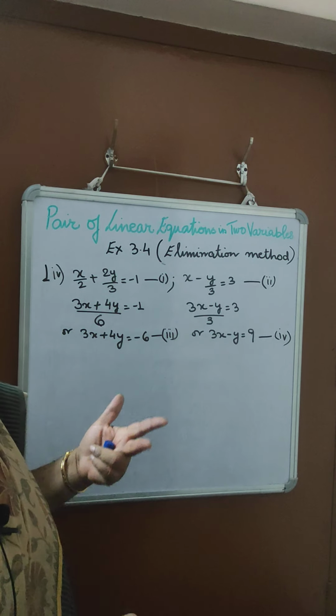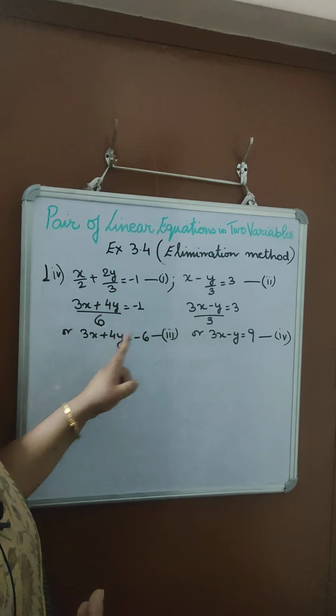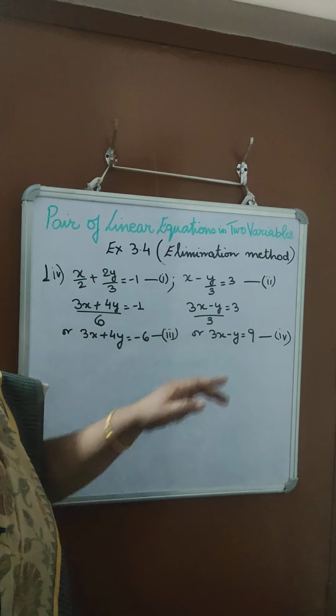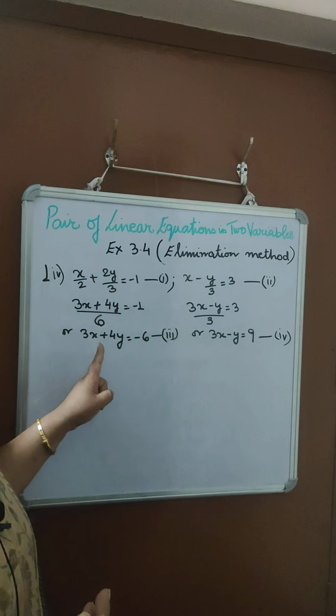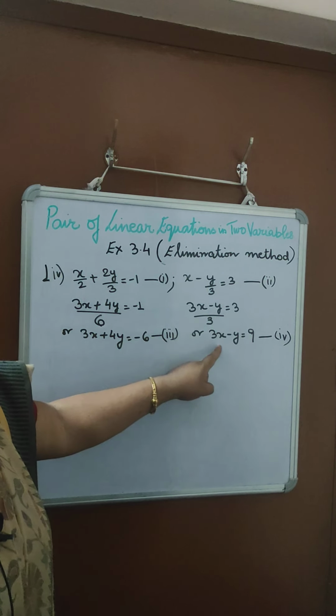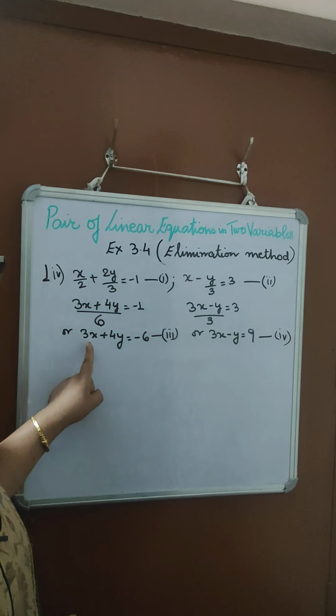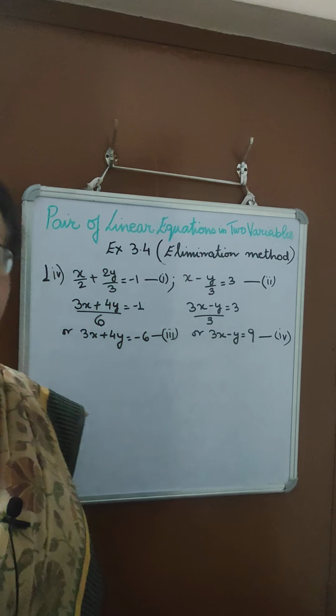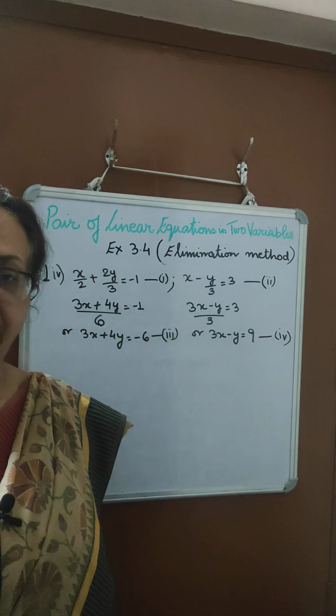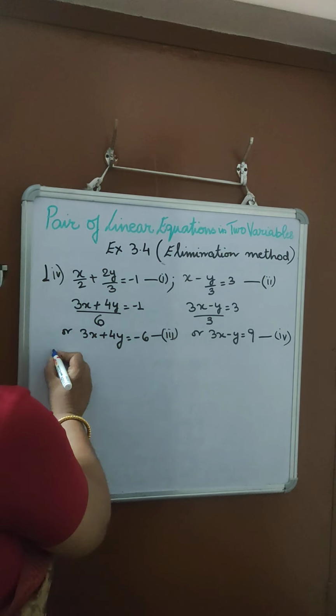So we just got same in both the equations. So we do not have to multiply or anything. So what can we do? We can just take these two equations and since this is also plus, this is also plus, as I said earlier, same sign, we will subtract. So what do we write? Subtracting.